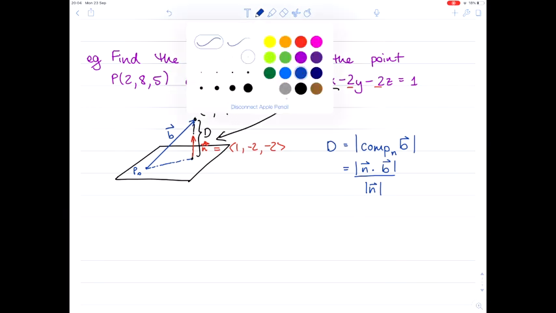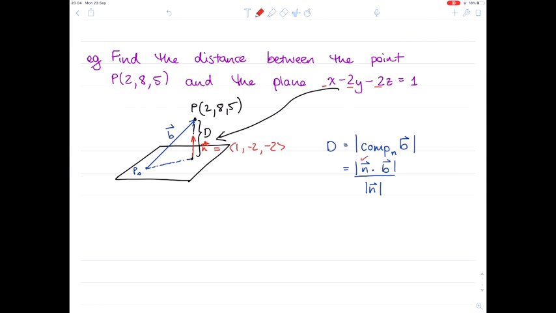Well, we already know the normal vector, but the question is, how do we find this vector b? Well, this vector b we find by finding any point on the plane and then constructing the vector from that point to the point that we're interested in. So what we need is any p naught.